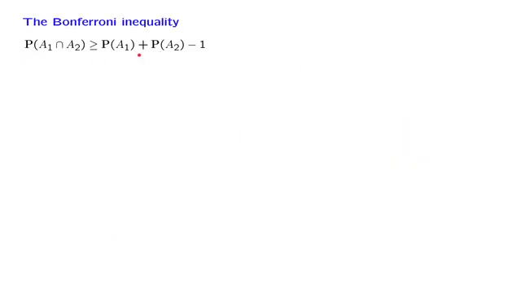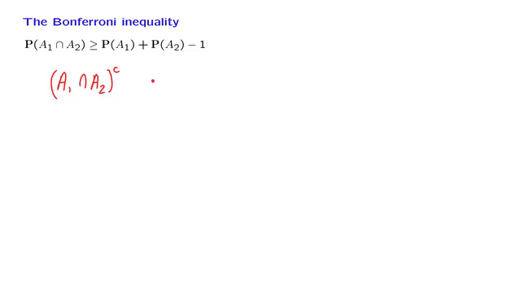So here is the relation that we wish to establish. We want to show that the probability of a certain event is bigger than something. How do we show that? One way is to show that the probability of the complement of this event has small probability.